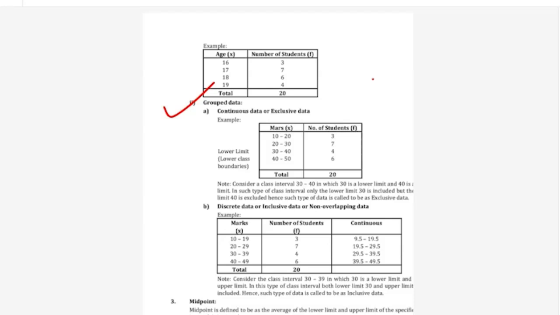You will have to classify a data minimum marks scored by the student is 8, whereas maximum marks scored by the student is 99.